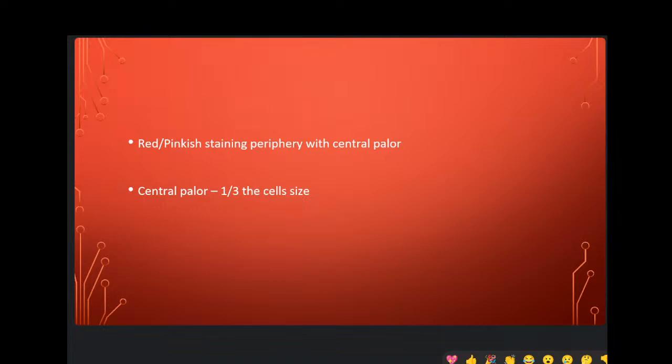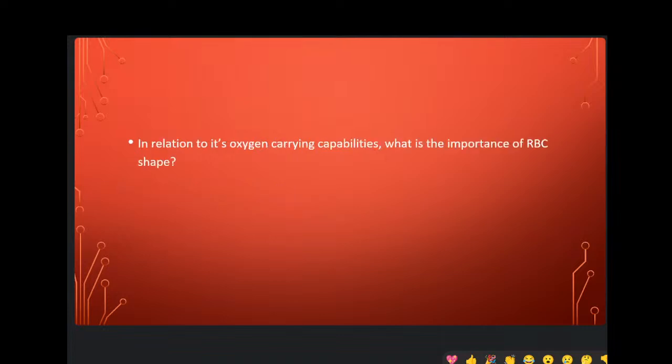Alright. Anyways, let's go to the next slide. In relation to the oxygen carrying capabilities of an RBC, why is the shape important? Or what is the importance of the RBC shape? Well, the biconcavity pushes the hemoglobin closer to the surface of the cell for better oxygen carrying capacity.